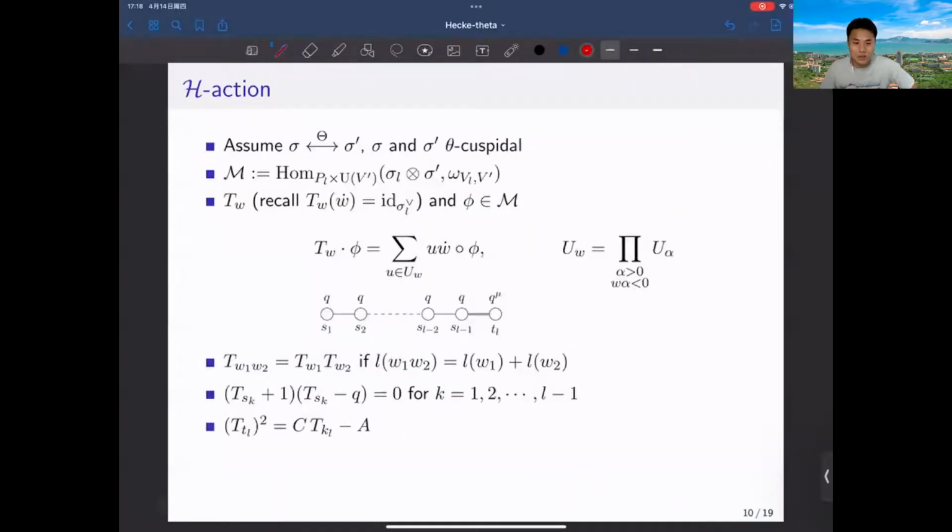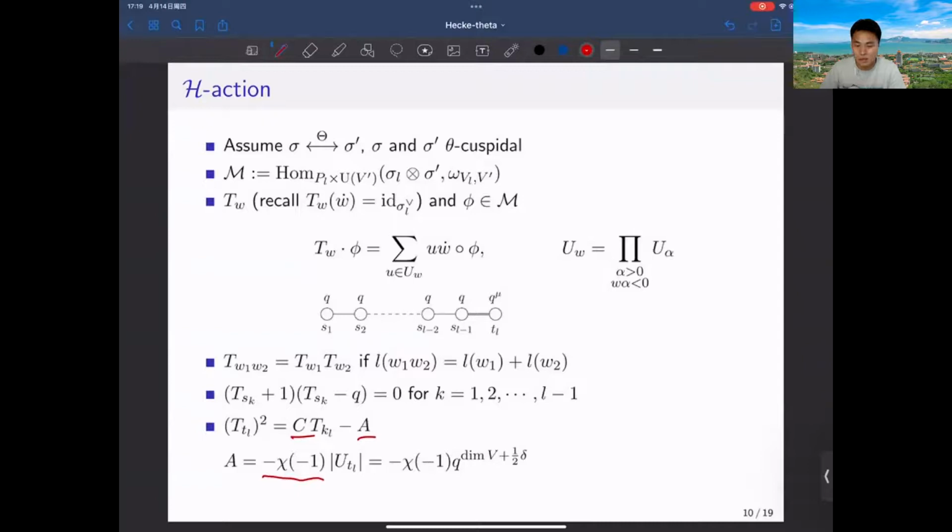However, for the last root, we don't have the nice relation, but we still have a quadratic relation, with some constants. The first constant is C, and another constant is A, and the value of A is easy to verify. Basically, you just evaluate the convolution as an identity, and you will get the value of A. So you can see that the value of A is equal to basically this one.